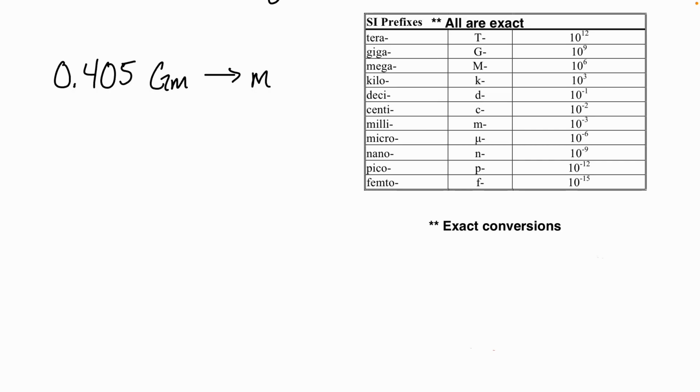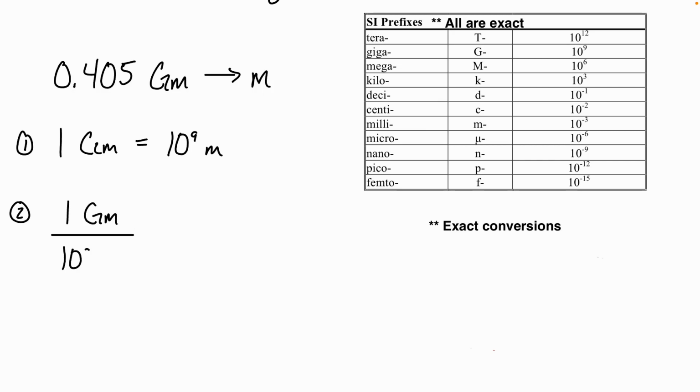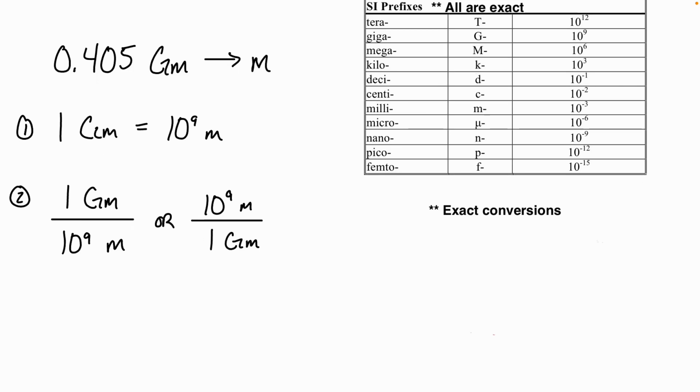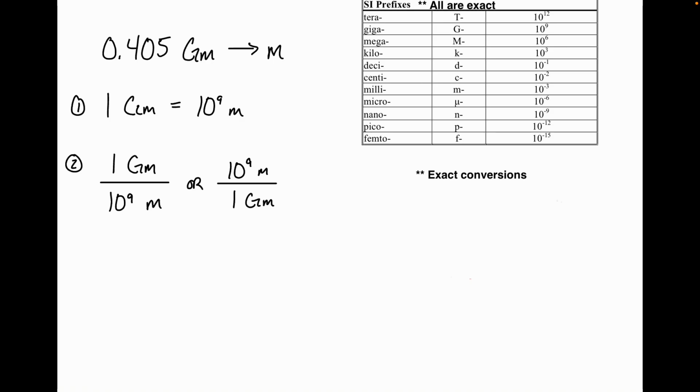Okay, so from my table, I get that 1 gigameter is equal to 10 to the 9 meters. That's step 1. Step 2, I'm going to build my conversion factor by stacking my gigameters over meters. Or I can take that and flip it upside down. Okay, now I'm going to do the math.